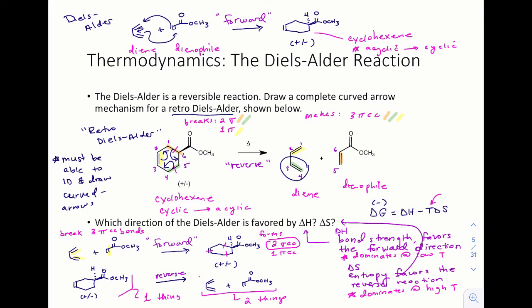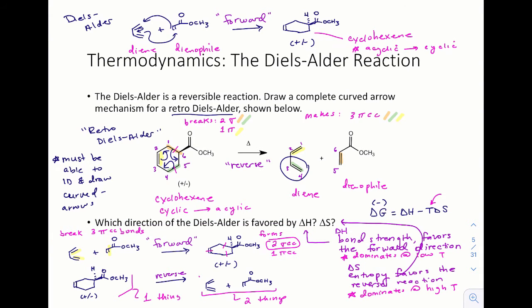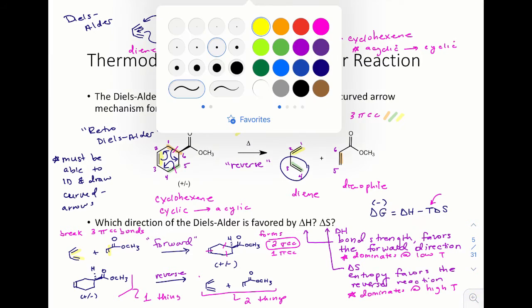And obviously, we're not going to worry too much about that. We just want to be sure that we understand the forward direction is favored by delta H, the reverse direction is favored by delta S, and both of these reactions, reverse and forward, will be observed by you as an Organic Chemistry 2 student and as an advanced practitioner of organic chemistry in your continued studies.